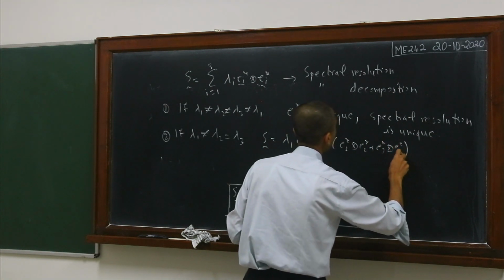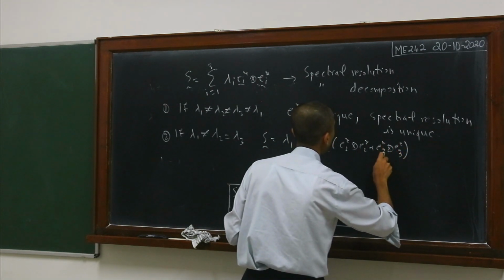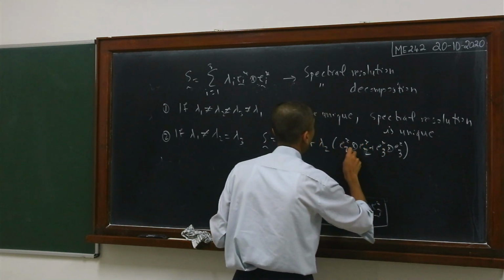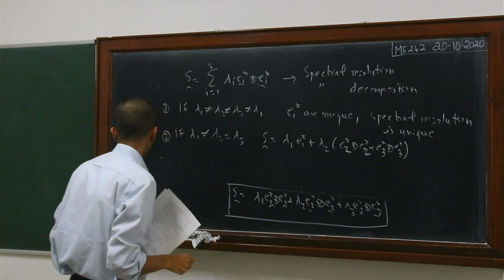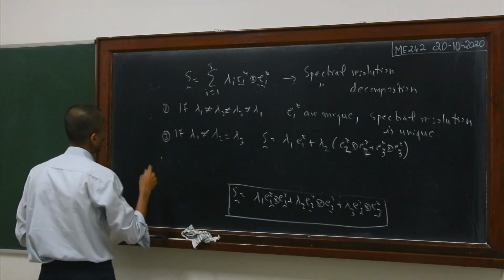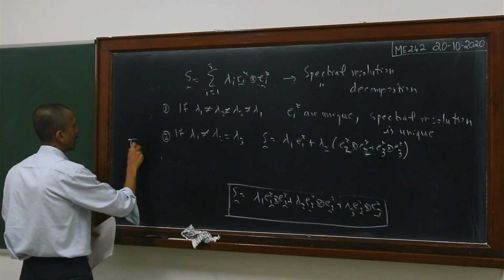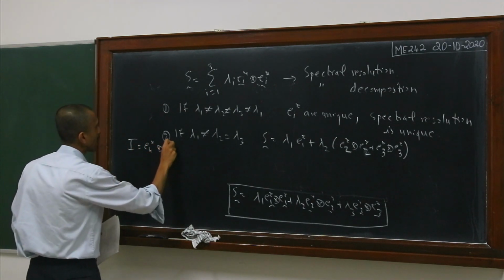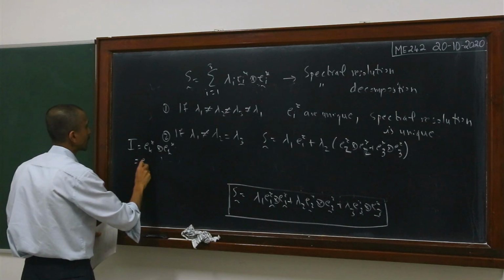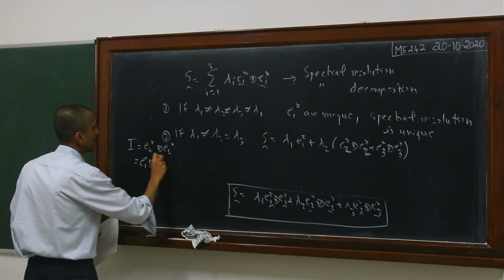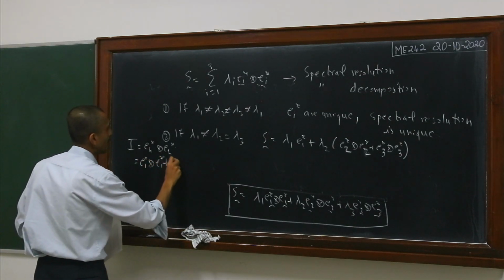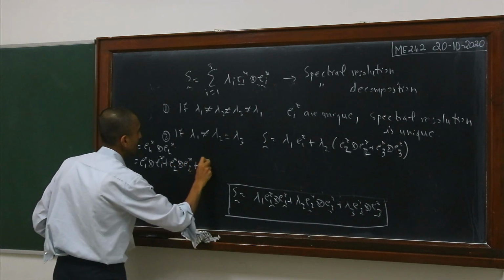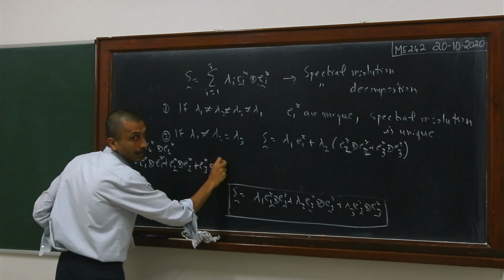Because in this particular case lambda 2 is equal to lambda 3, and we also have the result that, if you recall, we had shown that I is equal to Ek star dyadic Ek star, correct? That is equal to E1 star dyadic E1 star plus E2 star dyadic E2 star plus E3 star dyadic E3 star.